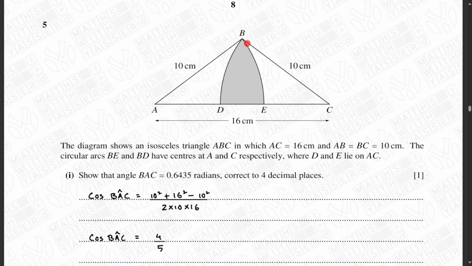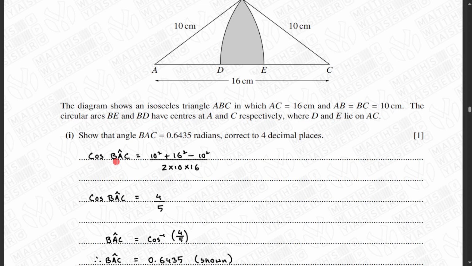So for the arc BE, A is the center, and for the arc BD, C is the center. And it also says D and E lie on AC. We need to show that angle BAC is 0.6435 radians, corrected to 4 decimal places.